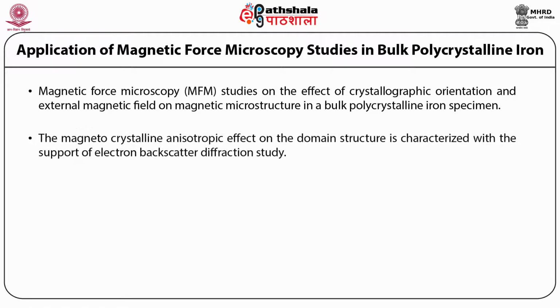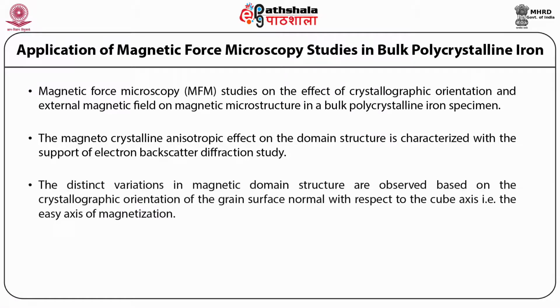The magnetocrystalline anisotropic effect on the domain structure is characterized with the spot of electron backscatter diffraction study. The distinct variations in magnetic domain structure are observed based on the crystallographic orientation of the grain surface normal with respect to the cube axis, the easy axis of magnetization.